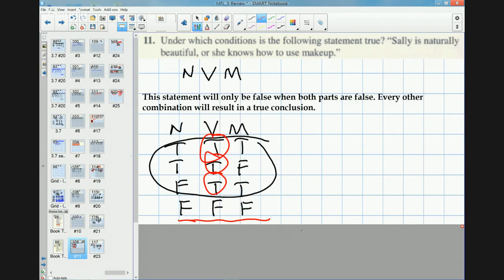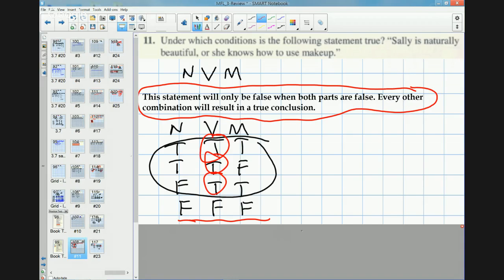So, the question was, under what conditions will the following statement be true? Under all conditions except when both statements are false. Something to that effect. So, here's my answer. The statement will only be false when both parts are false.